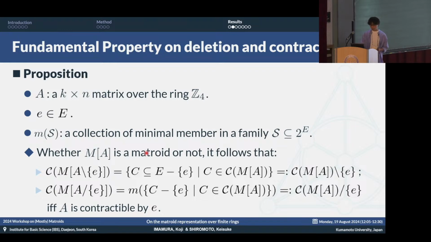Let A be a k by n matrix over the ring Z4, and let e be an arbitrary element of E. For a family S of subsets of E, we denote the collection of minimal members in S by M of S. Then whether M of A is a matroid or not, our definition of deletion is consistent with the definition for matroids. And this is also the case for contraction if and only if A is contractible by e.